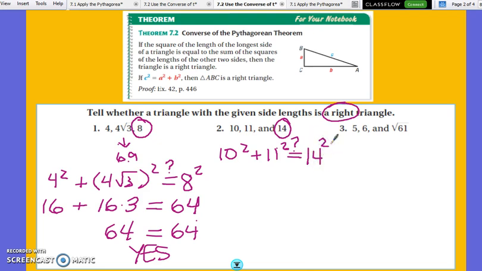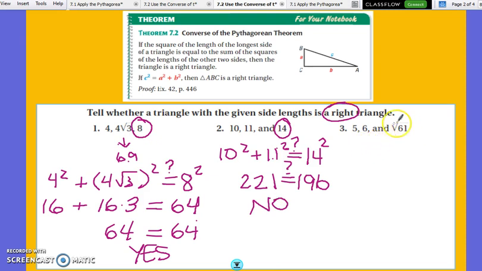So we've got 10 squared plus 11 squared, that was 100 plus 121, so 221. We want to see if that equals 14 squared, which is 196, and so that is a no way, not a right triangle.